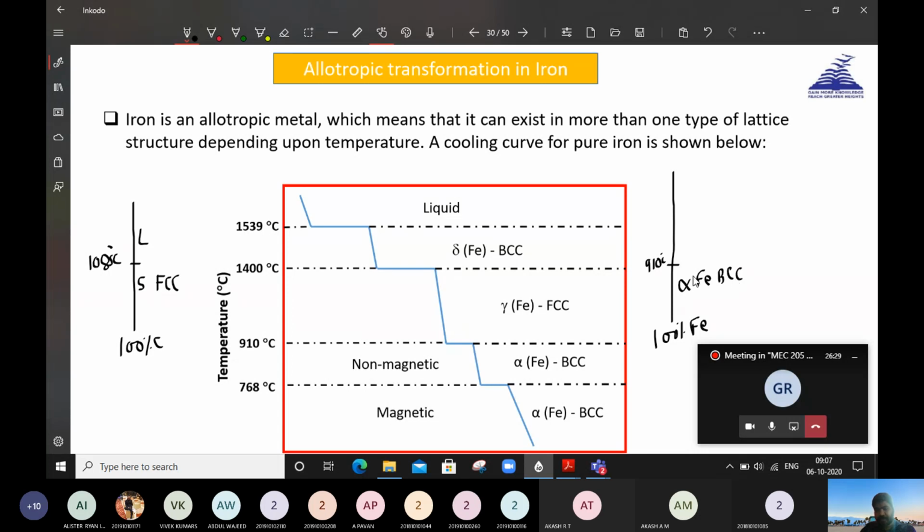But if you increase the temperature from 910 degrees Celsius up to 1400 degrees Celsius, the iron shows the gamma phase, gamma iron, and here it will show an FCC structure.